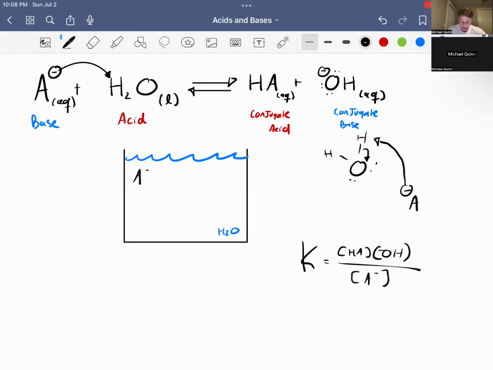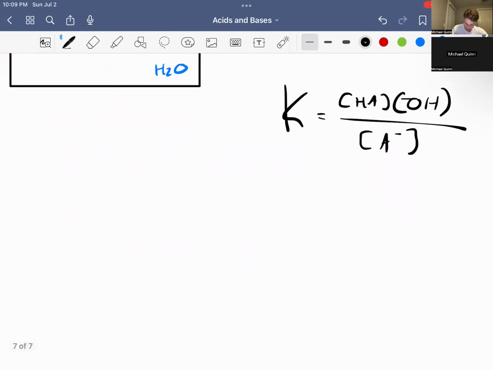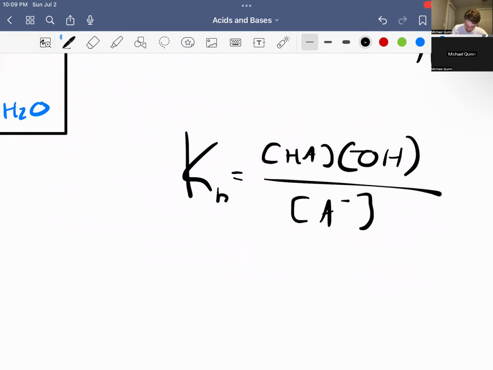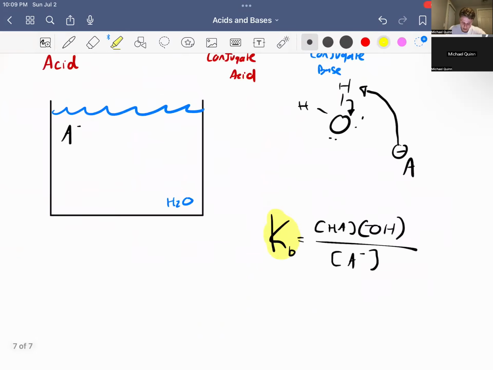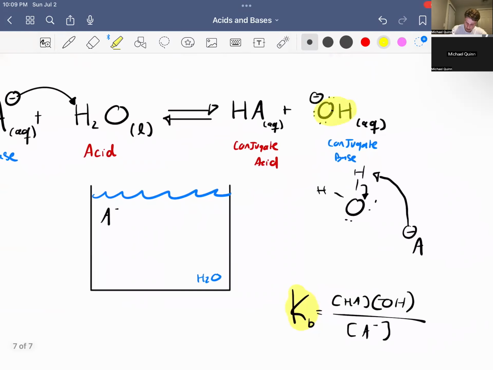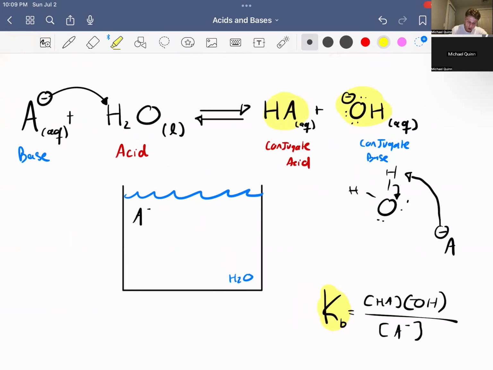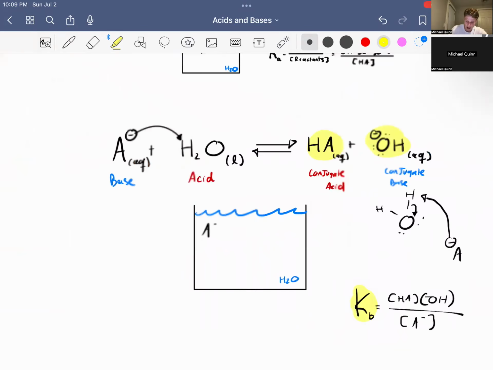Now, when we react a base in water, and water is acting as the acid, which is giving a hydrogen to our base that we're dissolving, we call this KB. And this tells us that we are dissolving this base in water, and our products are going to be hydroxide every time, and the conjugate acid of whatever base we are now giving a hydrogen to.